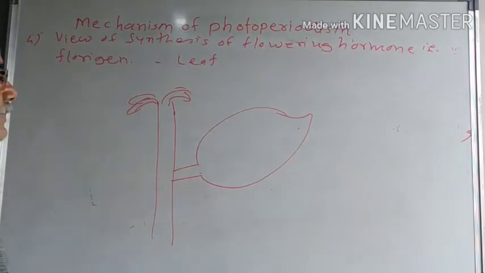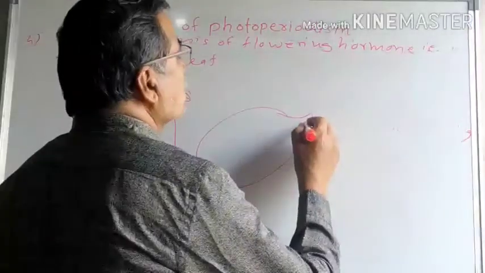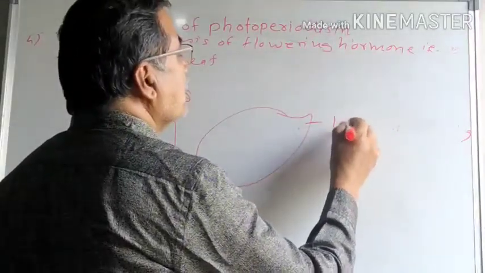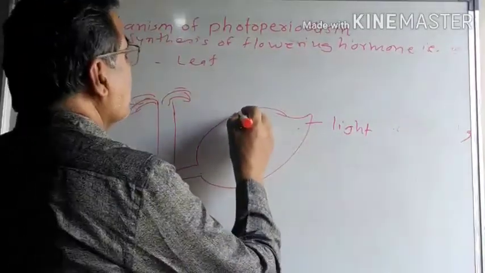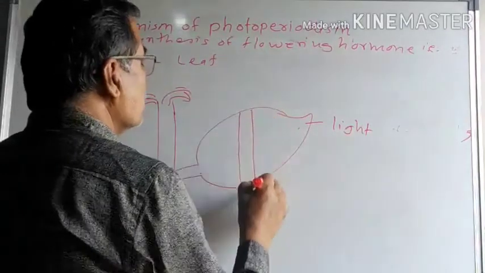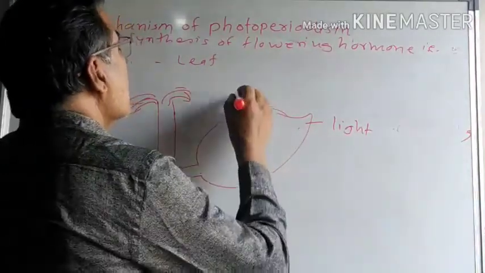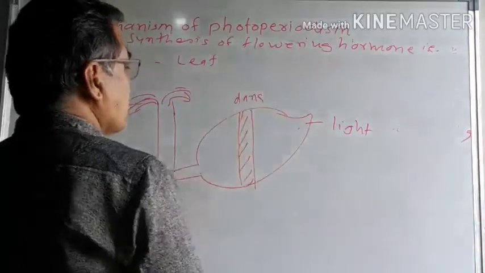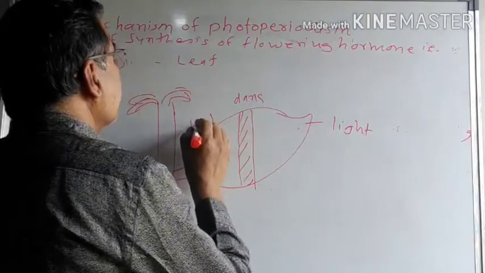This young twig is exposed to the light period. Again, this leaf is exposed to the dark period. Again, this leaf is exposed to the light period.